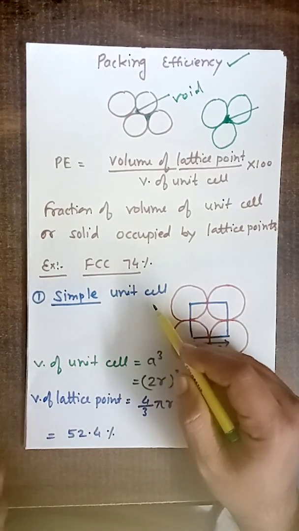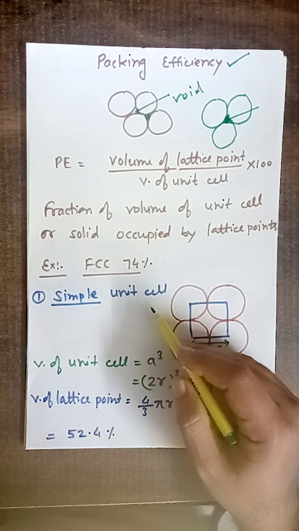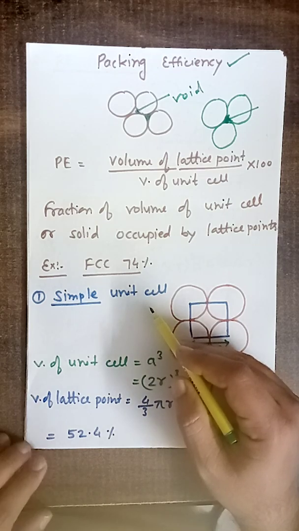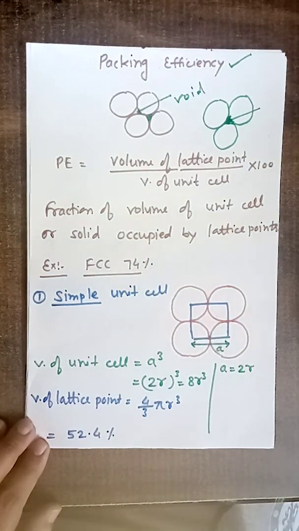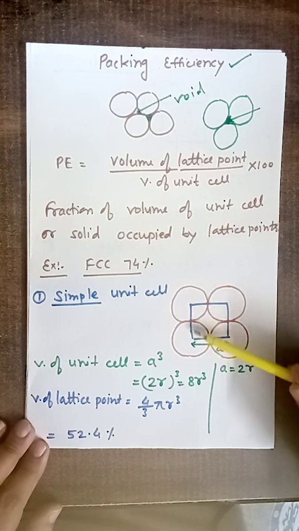You may be asked to calculate packing efficiency for simple unit cell, FCC or BCC. This is for simple unit cell. We know that in simple unit cell particles are placed at corners. Now you can see in this one face of the unit cell, the particles are placed at corners.